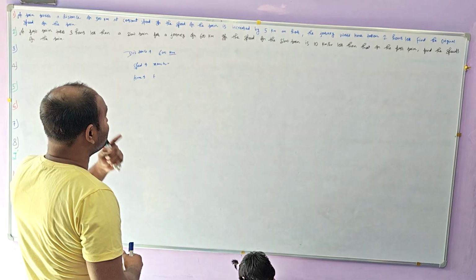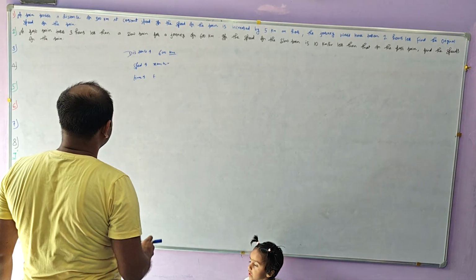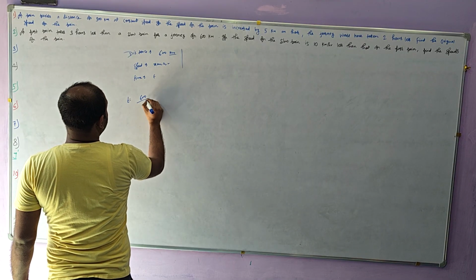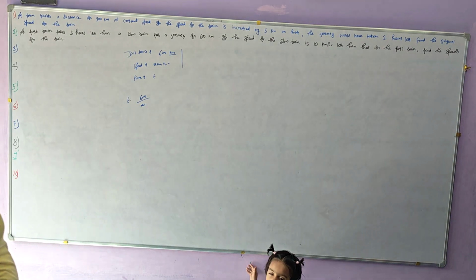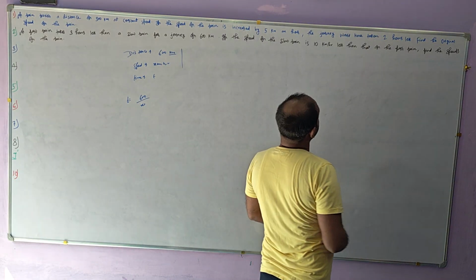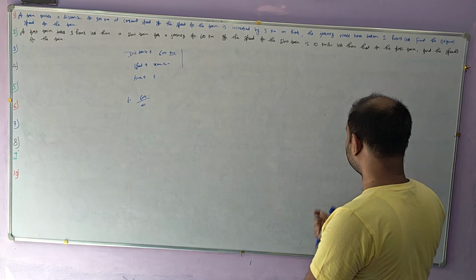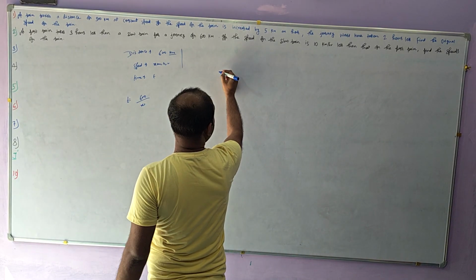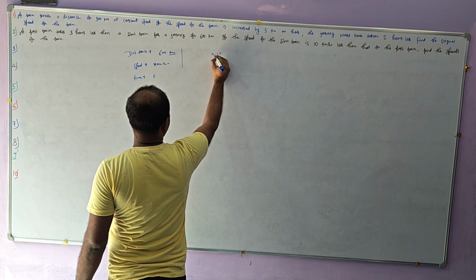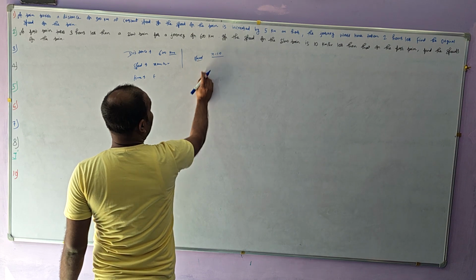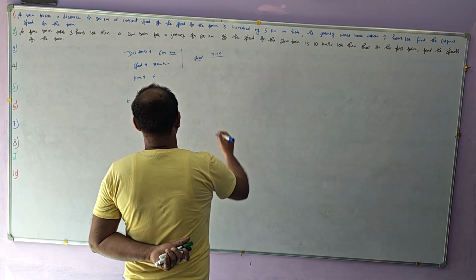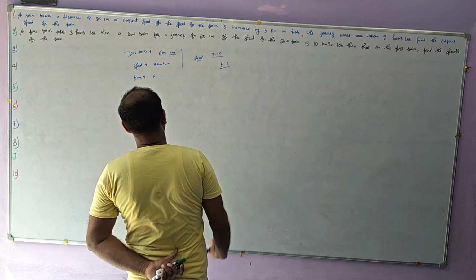T is equal to 600 upon x. Now we have the slow train with speed x minus 10, and the time it takes is 3 hours more. Sorry, the fast train takes 3 hours less, that means t minus 3.